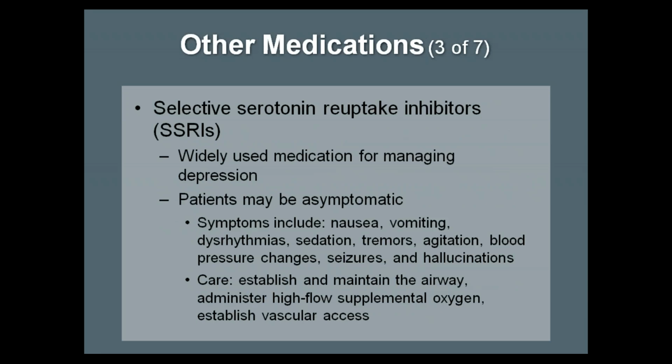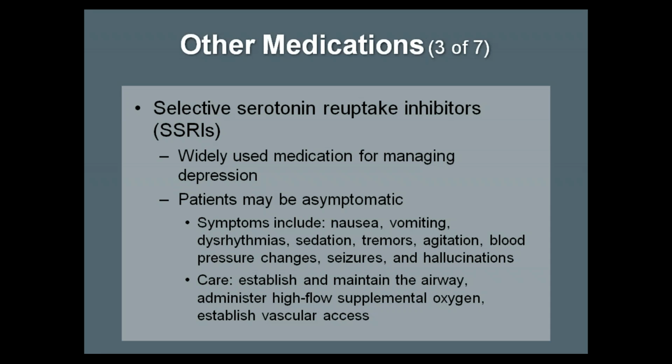SSRIs, selective serotonin reuptake inhibitors, are an antidepressant as well, a different variation. It's a very common drug; there's tons and tons of these prescribed. Be familiar with the names of them. I can't think of any off the top of my head right now, but be familiar so you can recognize them. The patients may be asymptomatic, which lulls you into a sense of comfort, and then they crash on you fairly quick if they have a high level in their blood.